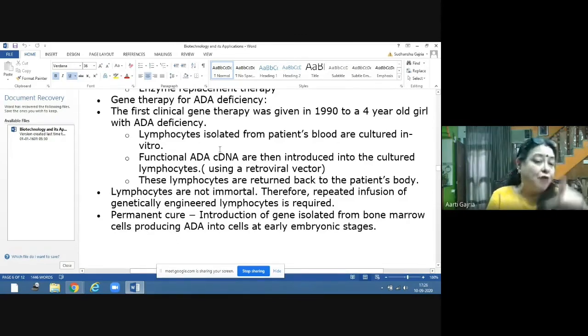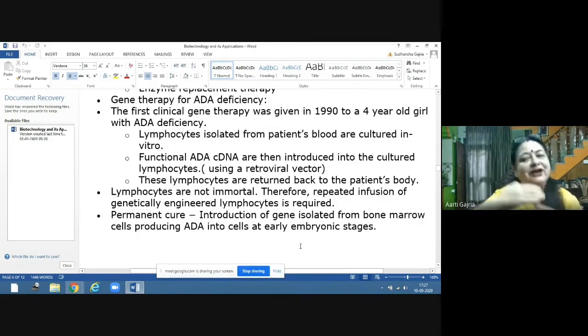But because this was introduced in a 4-year-old girl, the regular infusion was required. This therapy was not there earlier. It was introduced only in 1990. So there are many patients presently who are taking this gene therapy. They are regularly taking it for this ADA deficiency because the lymphocytes are not immortal.